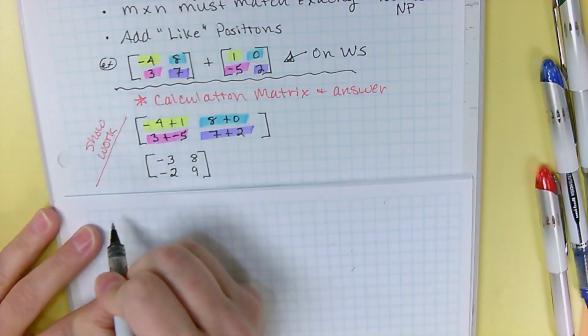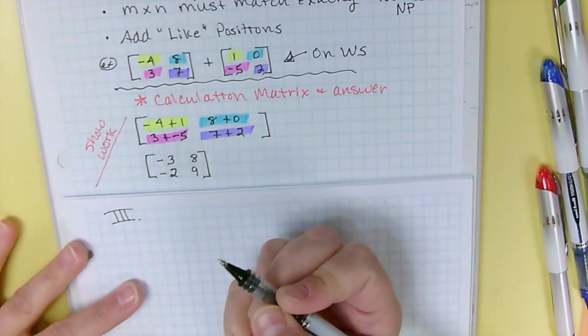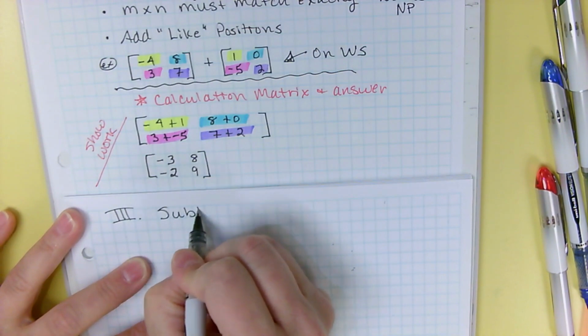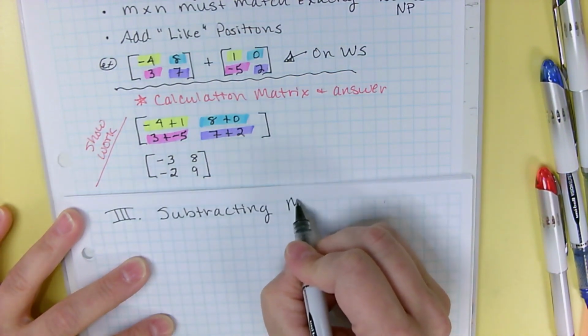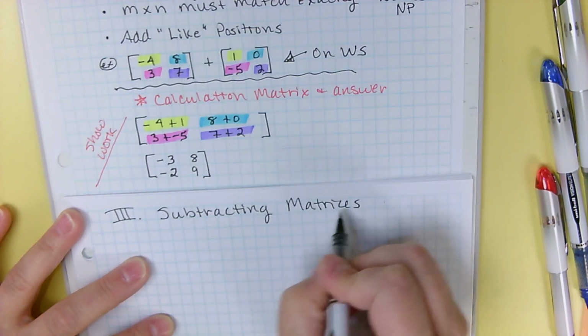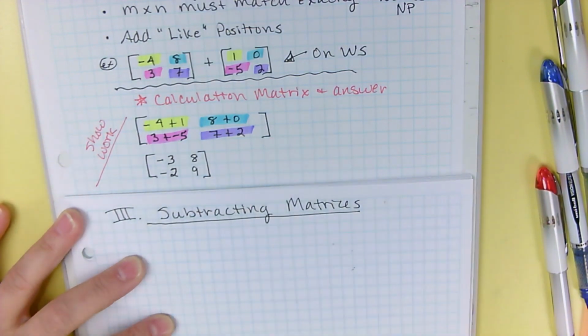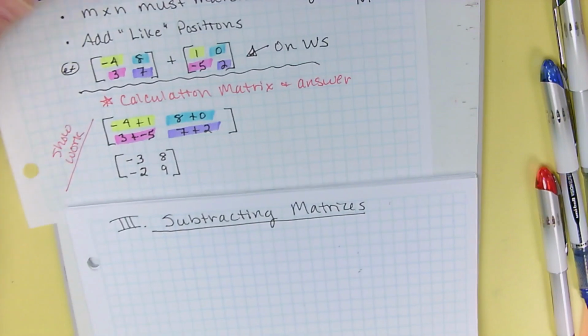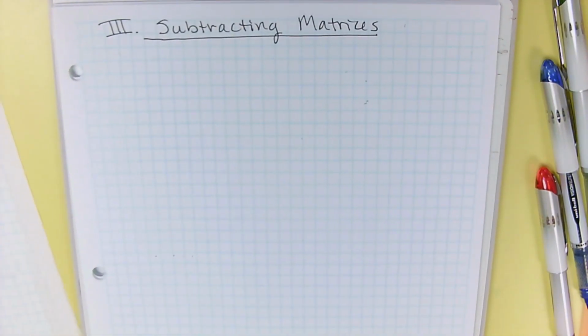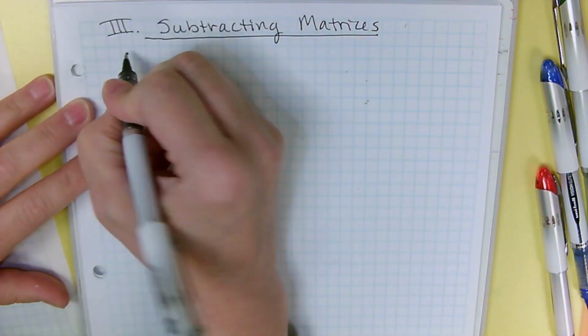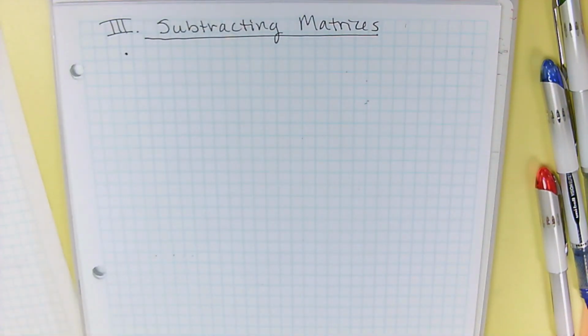All right, Roman numeral 3. Subtracting matrices. All right, subtracting matrices is very similar to adding, except you do one pre-step.